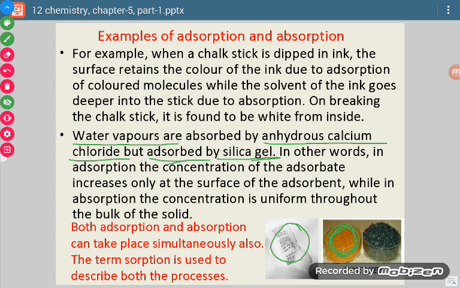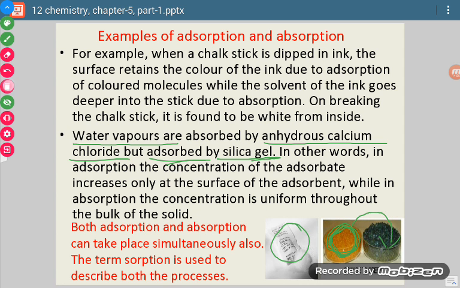So if this is orange, then after absorbing water vapors, or after adsorption, it changes to green. If it is orange in color, it means it still has the capacity to absorb water molecules from the surrounding, and if it absorbs to the maximum, then it changes to green.